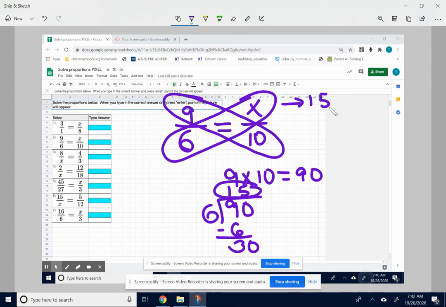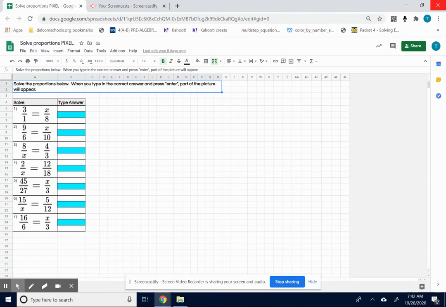So when you're doing the pixel assignment, the answer to this problem was 15. This was the second problem. Click on it. Click on the bluish bar. Type in the 15. Click enter. And if you're lucky, you'll get part of the picture to come up, which means that you're right. If you don't get a part of the picture to pop up, that means you made a mistake.